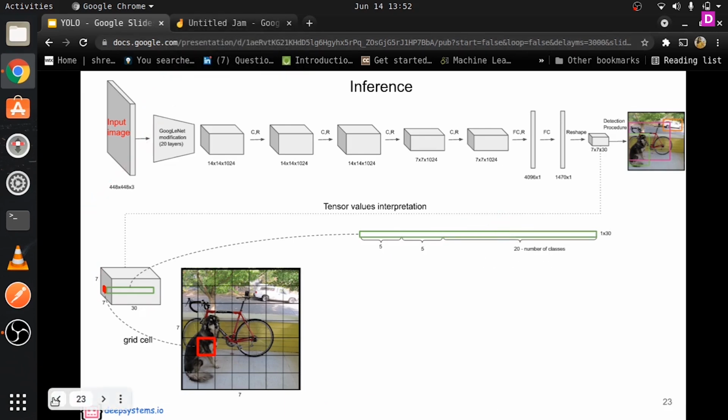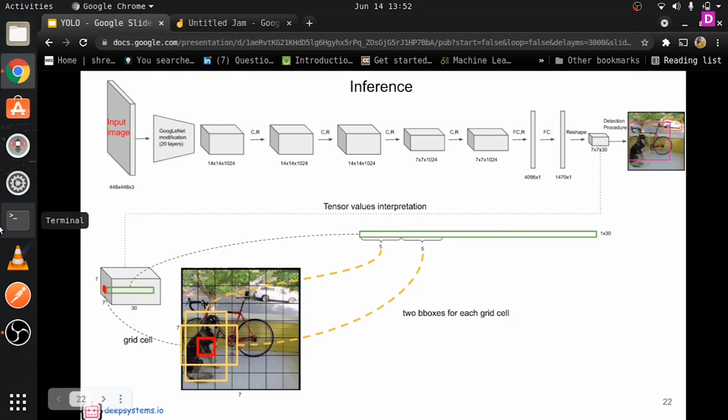Alright, so once more let us go back again. You have this whole convolution layer. This is the basic thing, there is not a lot to understand. What you get is a 7 cross 7 cross 30 feature map. Now this feature map basically represents that you divide the image into a 7 cross 7 grid, and for each grid cell you get two anchor boxes, or two bounding boxes.